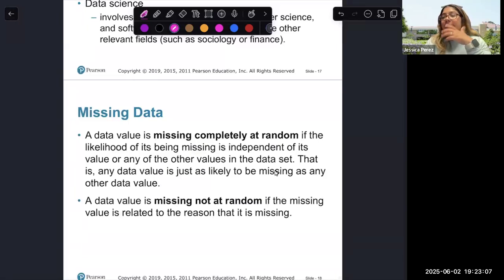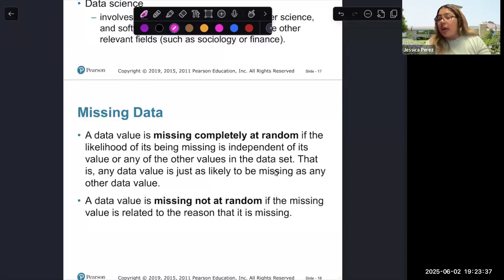A data value is missing completely at random if the likelihood of being missing is independent of its value and other values in the data set. That is, any data value is just as likely to be missing as another data value. So for example, you're inputting data, you're a software engineer, and let's say you miss one little detail that kind of ruins everything. You have missing data that's completely at random or purposely missing.